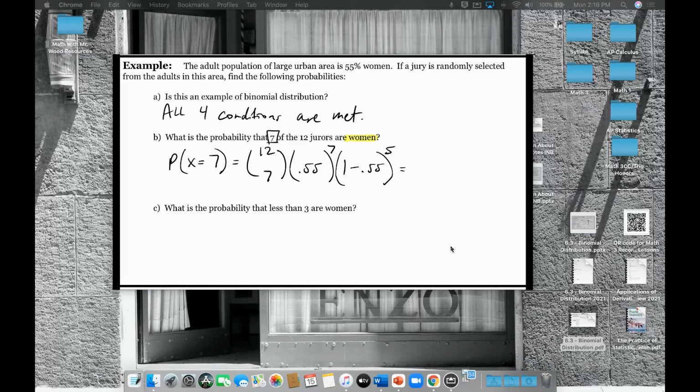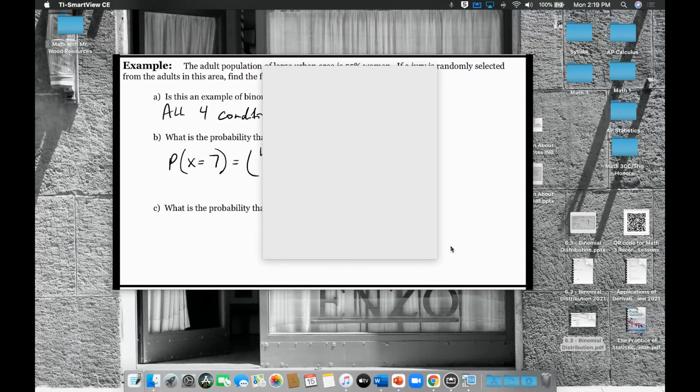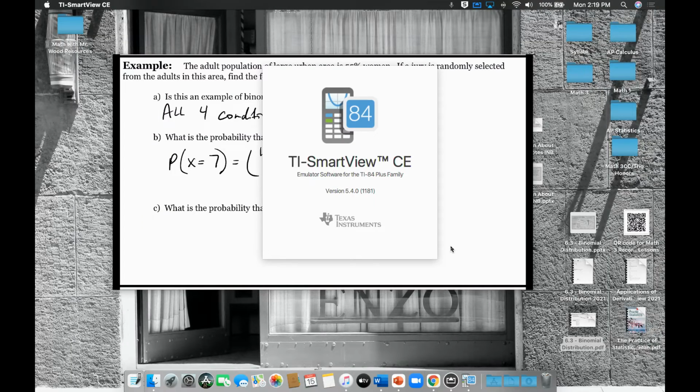Okay, so we're going to calculate the probability that 7 out of the 12 are women. In order to do this, I believe we're going to go to distribution. So find the distribution button in blue.